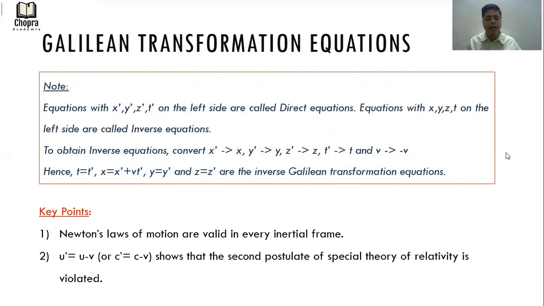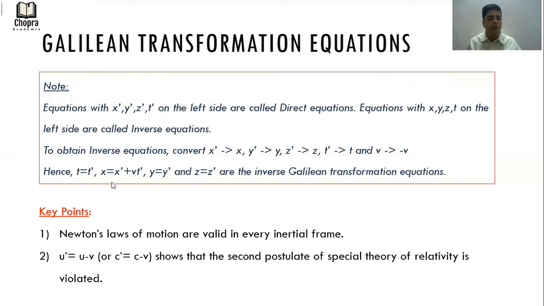What are the key points from the Galilean transformation equations? Newton's laws of motion are valid in every inertial frame. This is seen from these very simple classical equations, all the Galilean equations. You can see the laws of physics, laws of motion, remain the same for every inertial frame.